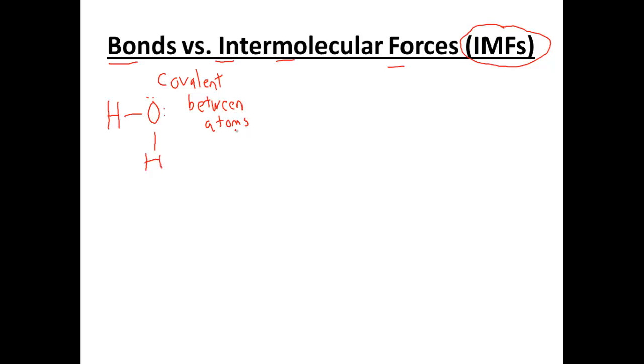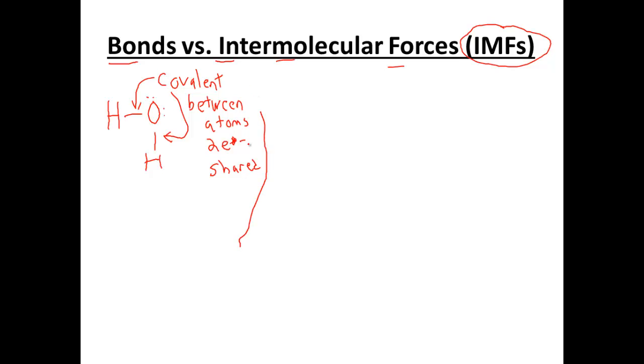So 2 electrons shared. Oops, 2 E minus shared. So what we're looking at here is this would be a covalent bond, and this would be a covalent bond. So they are connecting the 2 atoms together to make the covalent bond.